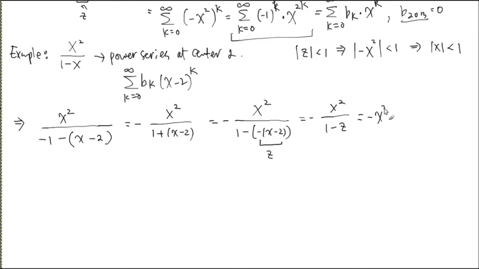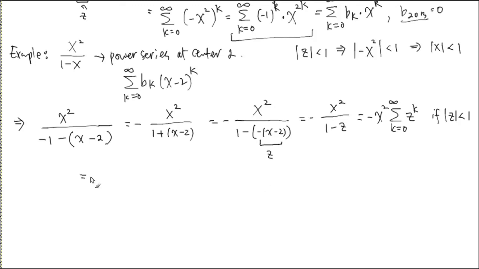Negative x squared set outside, and 1 over 1 minus z changes to the sum for k going from 0 to infinity of z to the kth power, right? When you change from an elementary function to a power series, you have to put this condition: absolute value of z must be less than 1. Is that right? Geometric series.